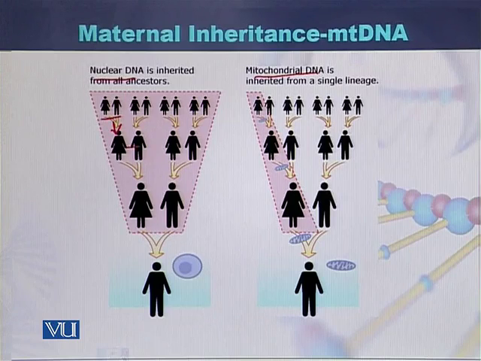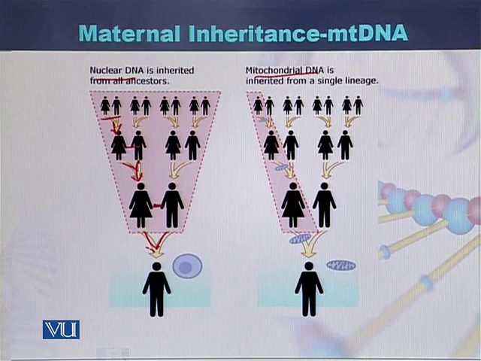Then there is again a cross between these two individuals, and they transfer the DNA to this individual. There is another cross, or marriage, between them, and they transfer the DNA to this individual. So nuclear DNA is inherited from all the ancestors of that individual.